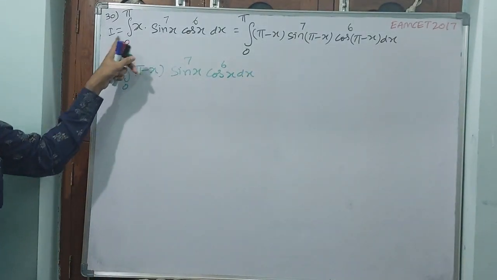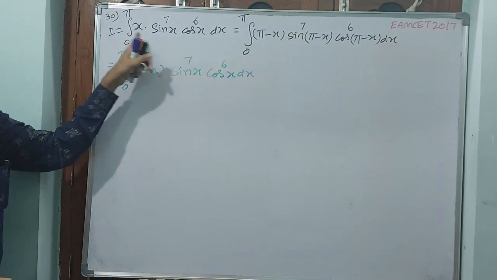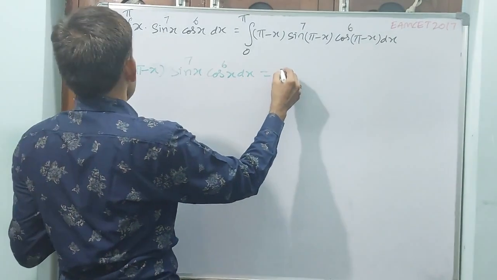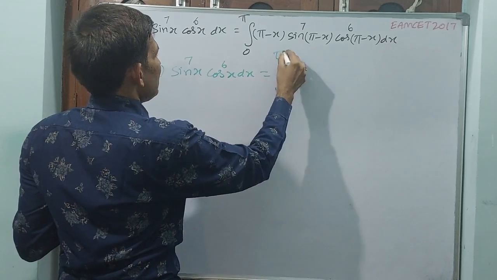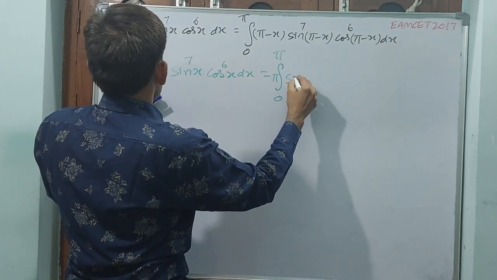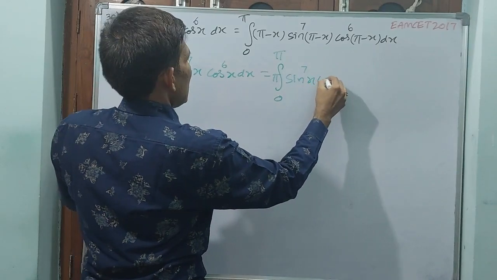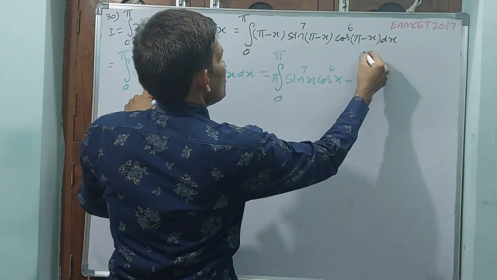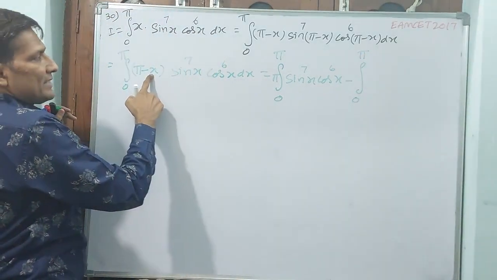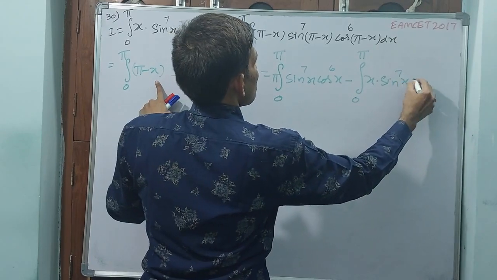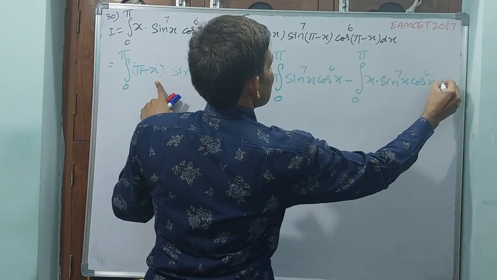Okay, you see I has been changed, same has come, but earlier x was there, now pi minus x has come. Same thing like earlier. Okay, write down 0 to pi, pi you take outside, sine to the power of 7x, cos to the power of 6x minus integral 0 to pi, x into sine to the power of 7x, cos to the power of 6x dx.